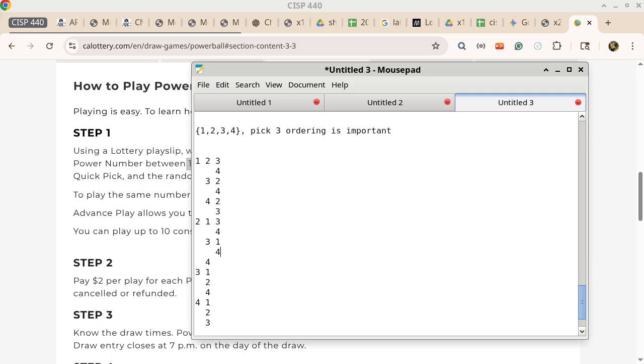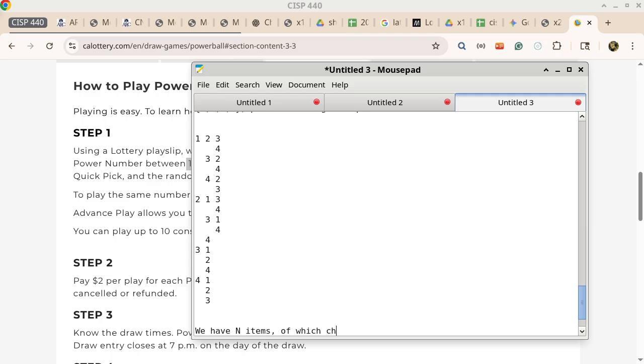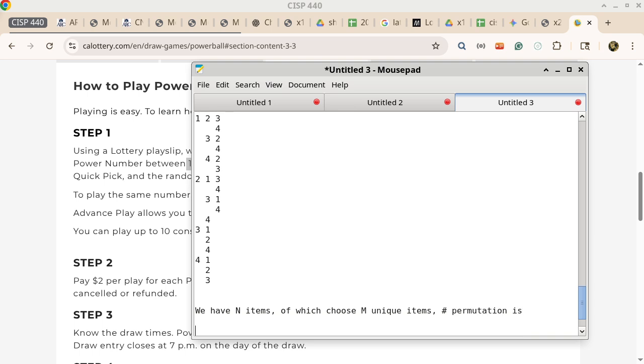So that means if I generalize this whole thing and I say, okay, we have n items of which we choose m unique items, what do you think is going to be the number of permutations? The number of permutations is, yep, that is correct, but we can also look at it in a slightly different way first, because we're basically saying the first level, there are n of those.